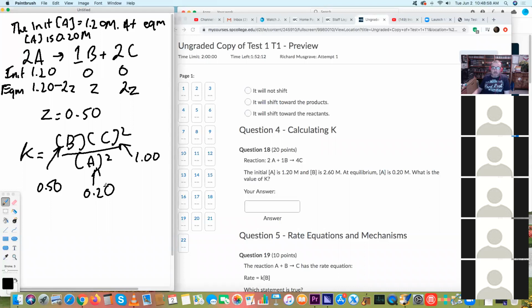All right, let me say one thing about this. I did send out an email earlier today just reminding people exactly what the story was going to be with this test. You can do the ungraded copy as many times as you like. You get 2 attempts at test 1. And that's going to be under Honorlock. The reason it's under Honorlock is so that I know the person taking the test is the person logged in.